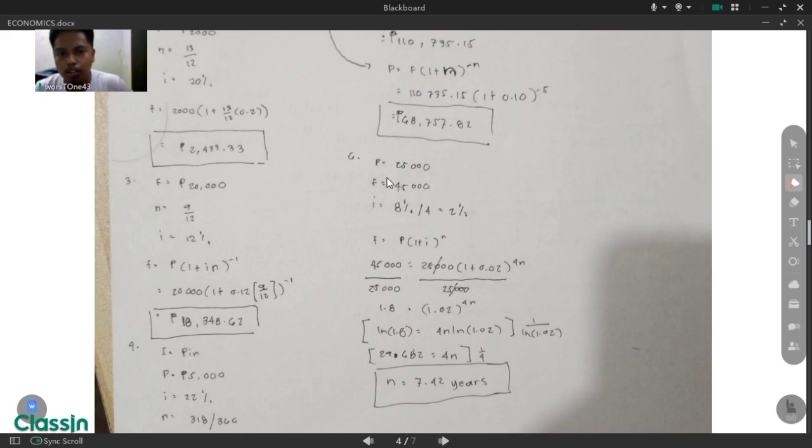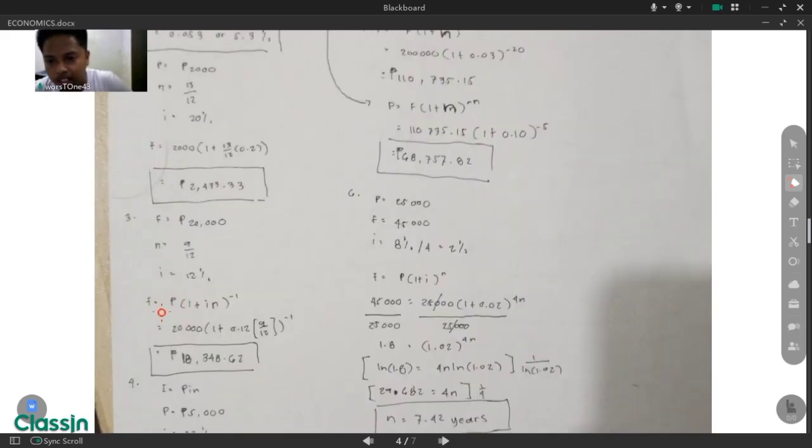Since we are computing the present worth, it's just an interchange.